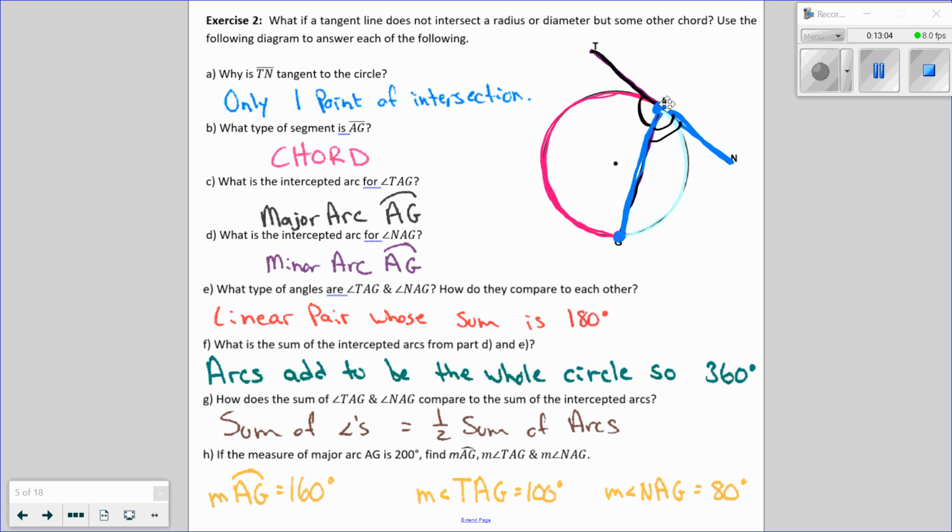So an angle with a vertex on the circle, where the sides are created from a tangent line and a chord, is half the intercepted arc. Same rule as an inscribed angle. An inscribed angle has 2 sides that are chords. This particular situation is one side a tangent, the other side a chord, but the angle measure is still half the intercepted arc.